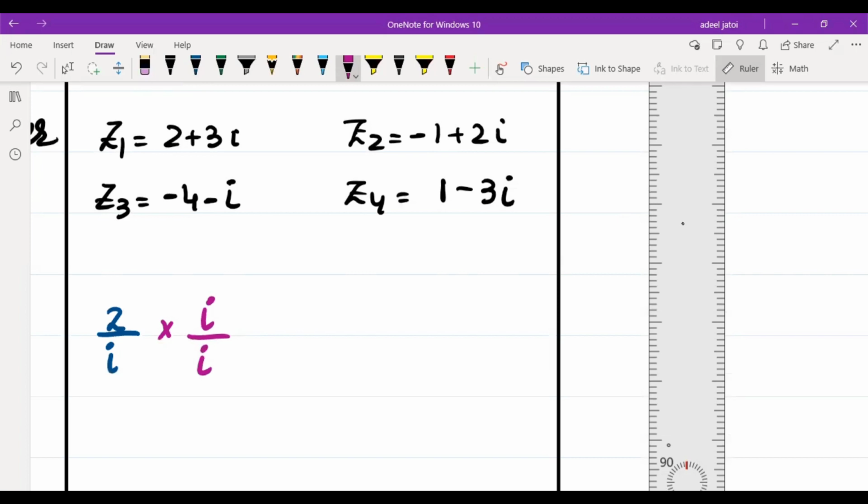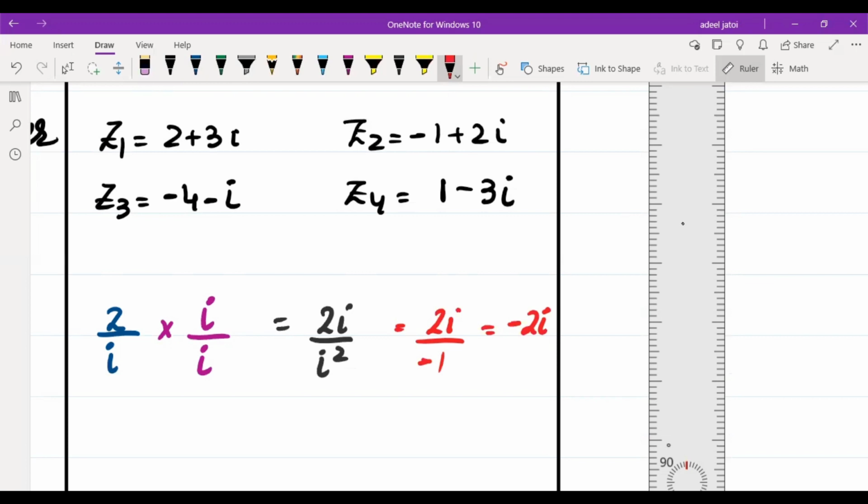So when iota is introduced in both, we get 2 iota upon iota square, which means 2 iota upon negative 1. So the end result will be negative 2 iota, which is the answer for 2 upon iota.